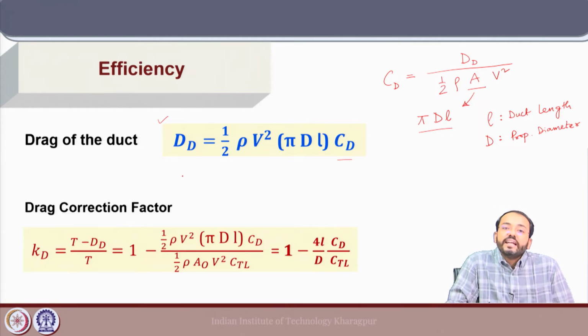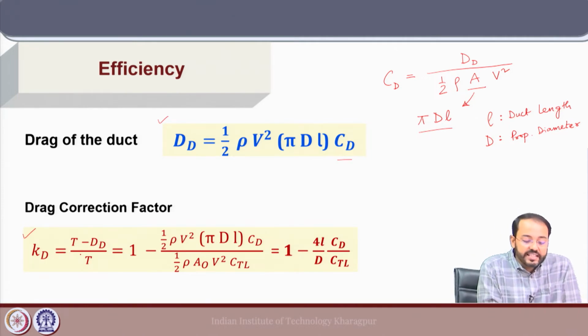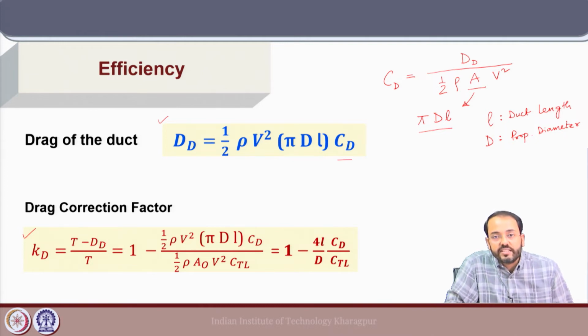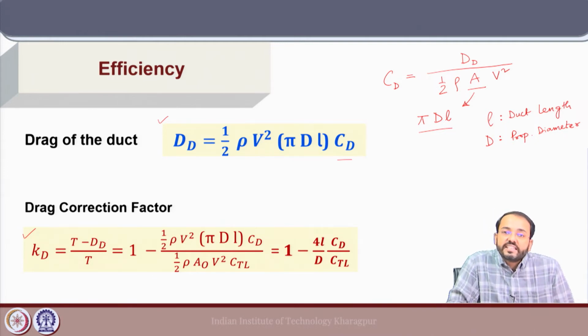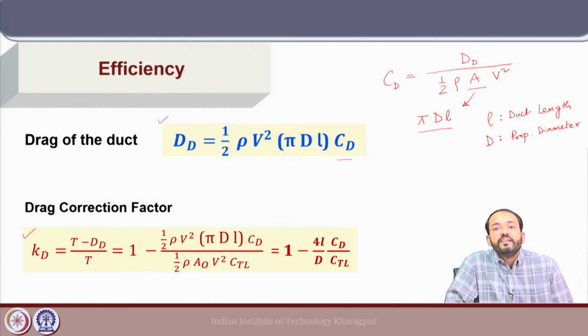Now, we can include a correction factor Kd, which is given as thrust minus this drag force divided by thrust, and this correction factor can be used to define the efficiency for the ducted propeller system including the drag.